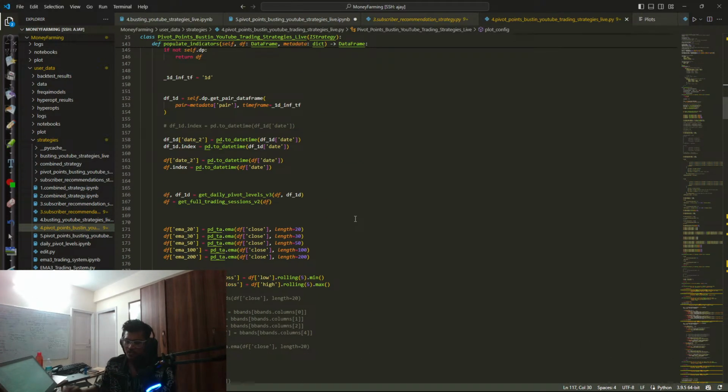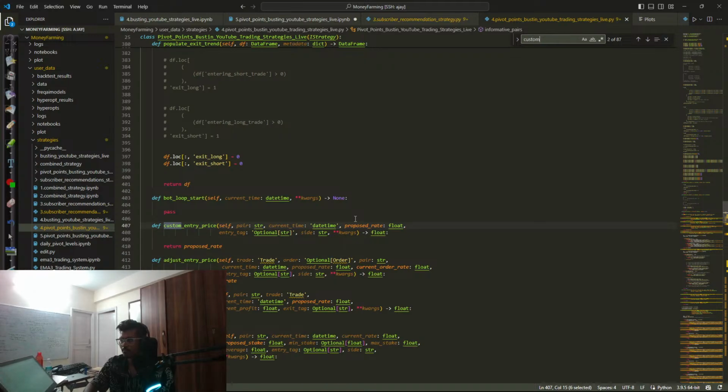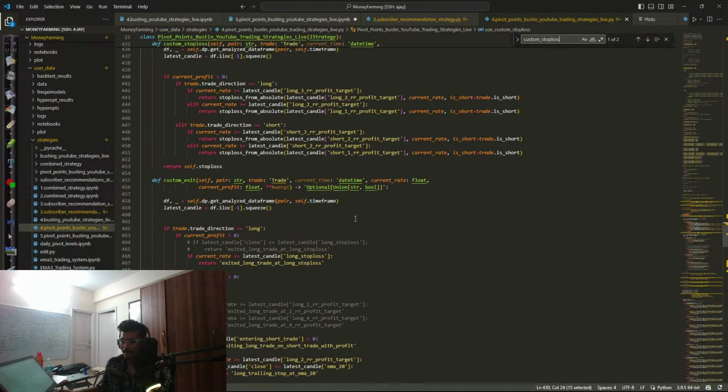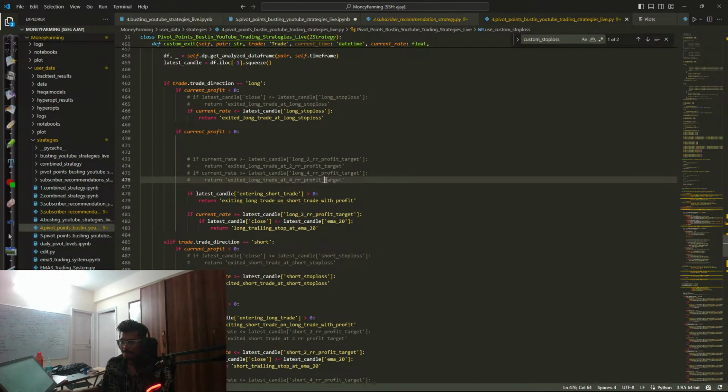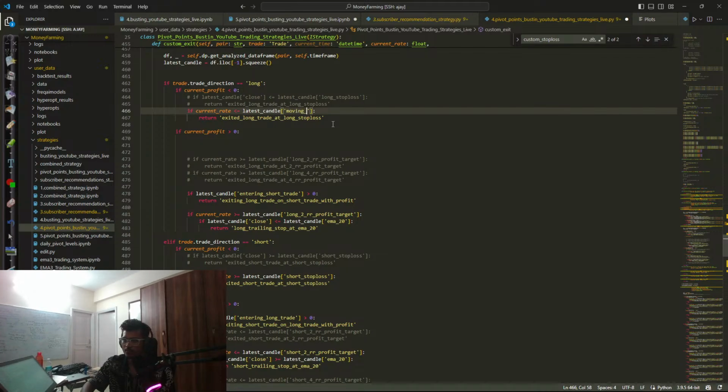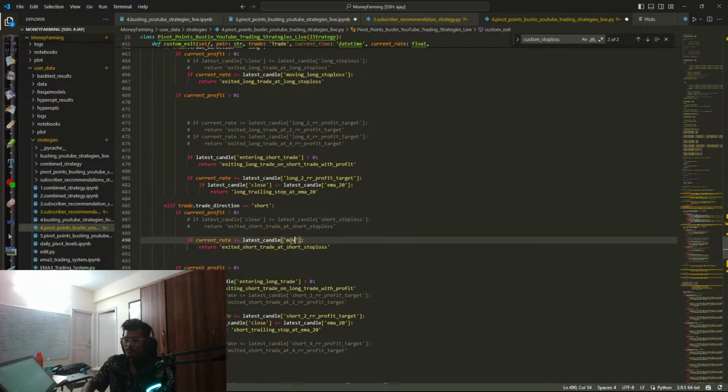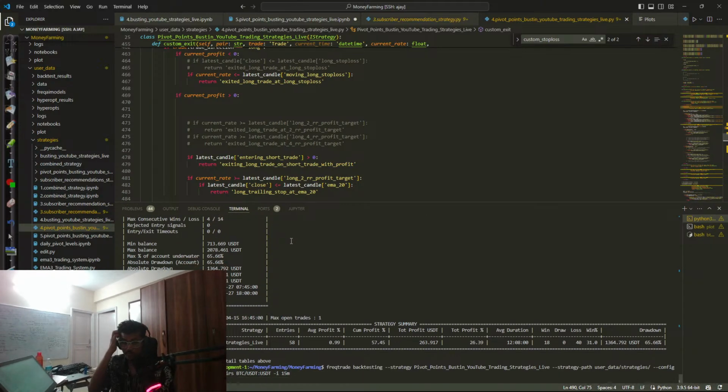Now here we have to change custom exit. Instead of this, we just use moving long stop loss for long, and here we change to moving short stop loss. So let's see how it performs now.